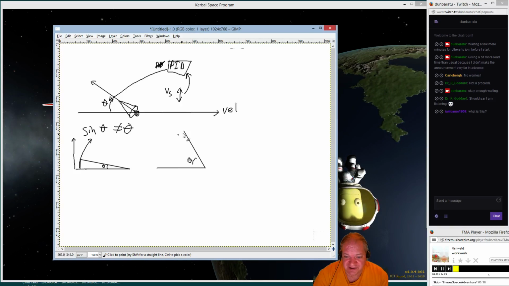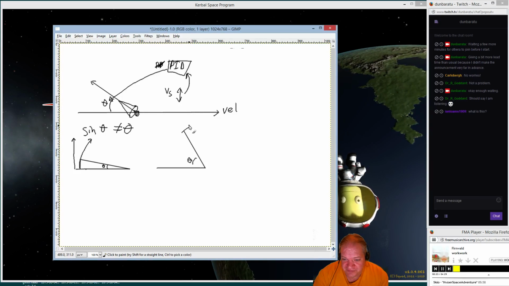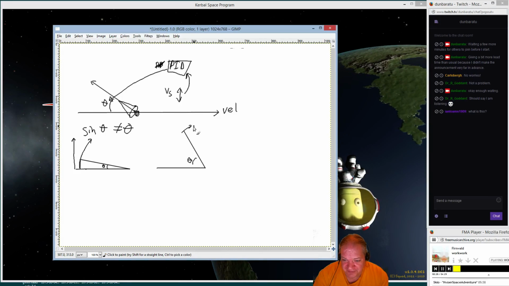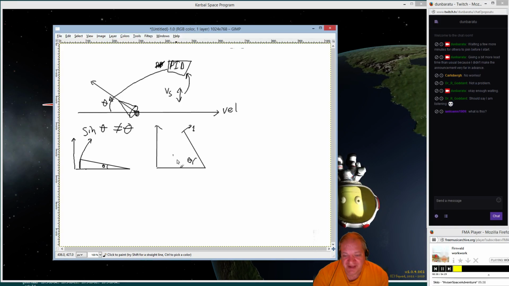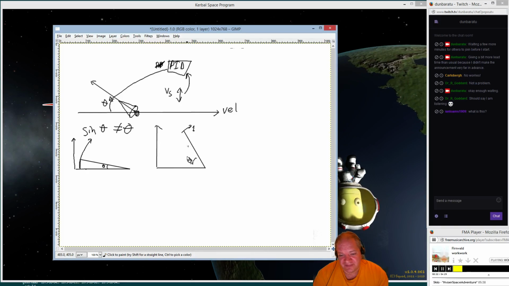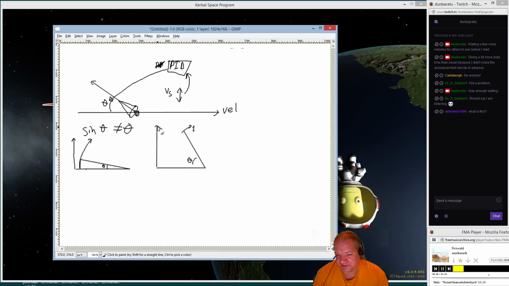Because once you start getting up to bigger angles, you increase the angle this way, and only a small fraction of that translates into an actual vertical change. So as you get to a higher angle, the amount of angular change is not one-to-one with the amount of vertical change anymore.